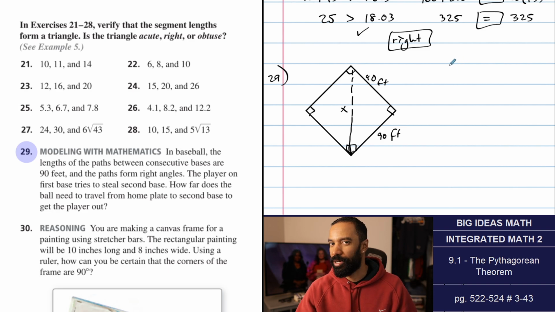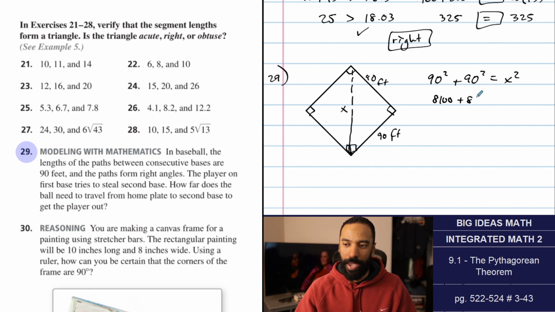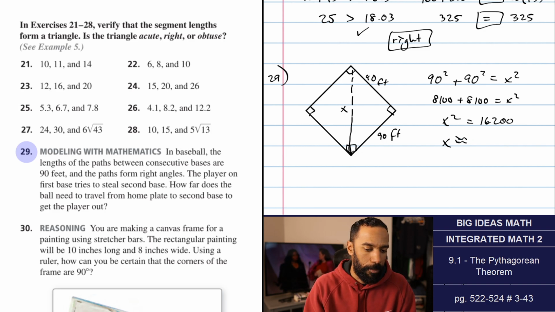We haven't learned similar special right triangles yet, so I would have another way of doing this a lot faster after this. But 90 squared plus 90 squared equals x squared. That's 2 times 8100, and that will be 16200. So x is approximately, how big?